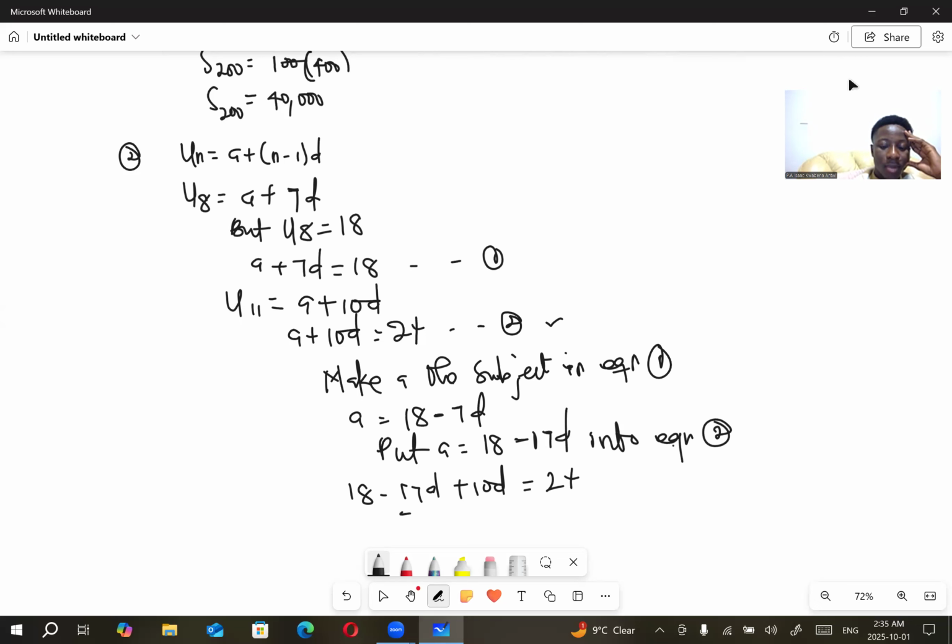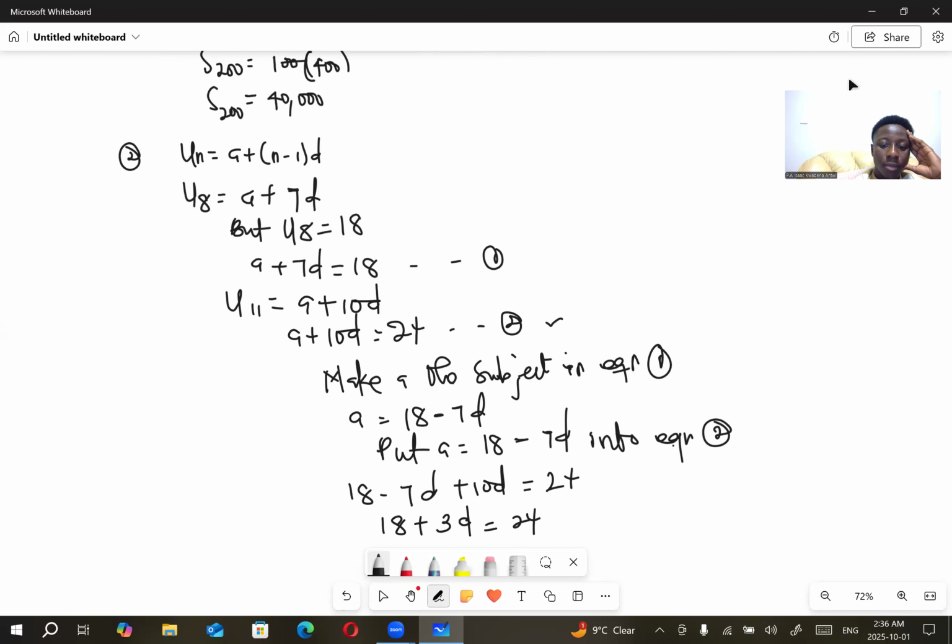Solving the d: minus 7 plus 10, that'll be 18 plus 3d equals 24.